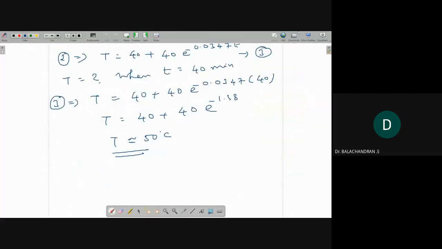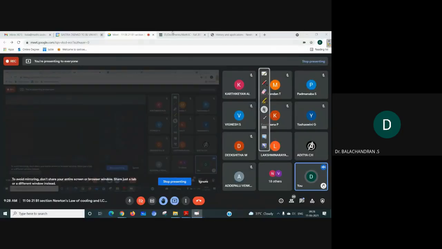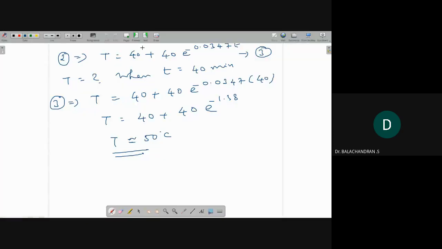Before going to the electric circuit, maybe I will solve one more problem in Newton's law of cooling.